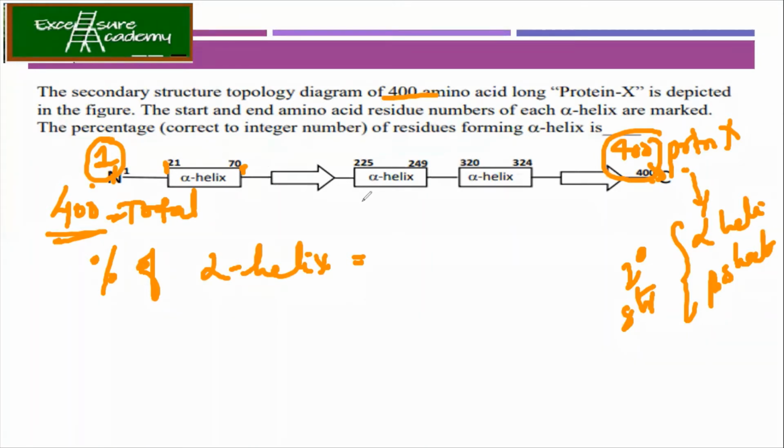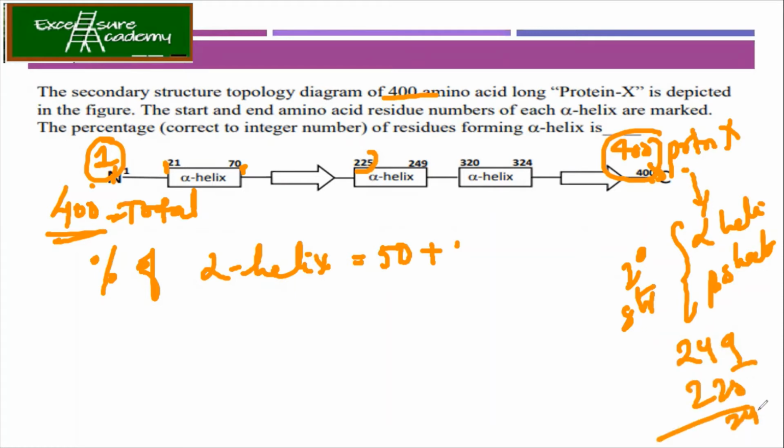It is 50. Plus 225 to 249. See, you have done the subtraction and got 24.